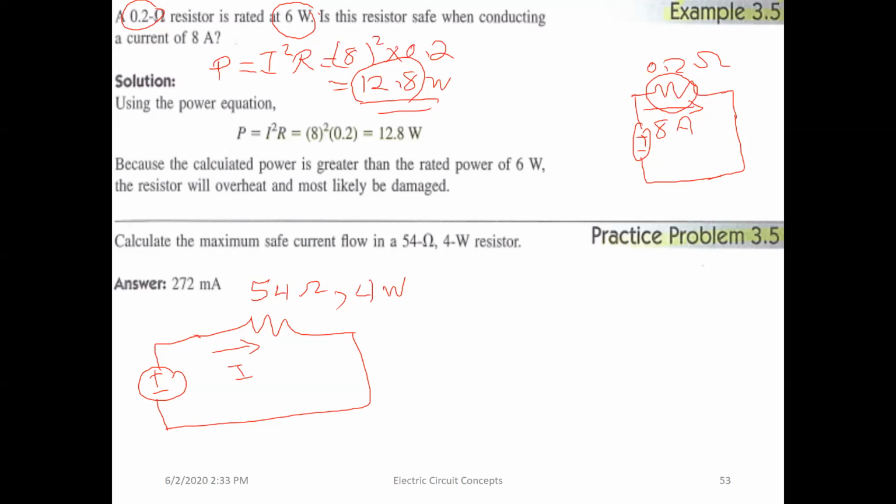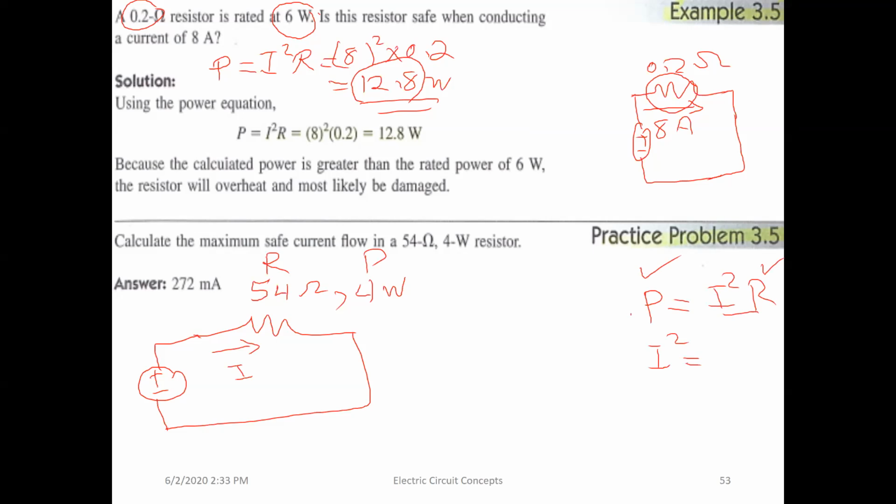We have resistance R, we have power. We know that one of the formulas of power is I squared R. So the watts is given, the R is given, so it'd be easy to find I squared.